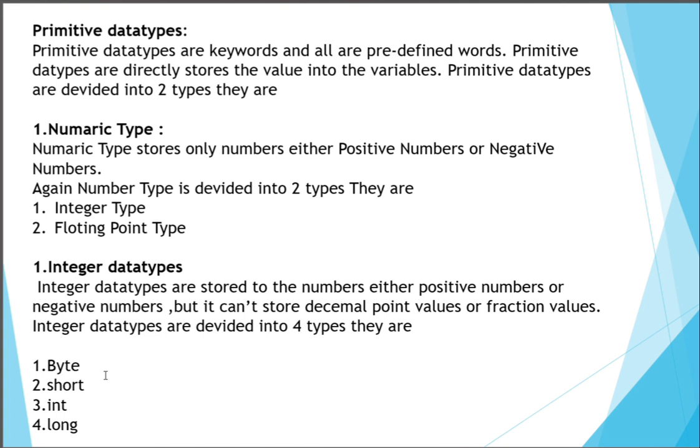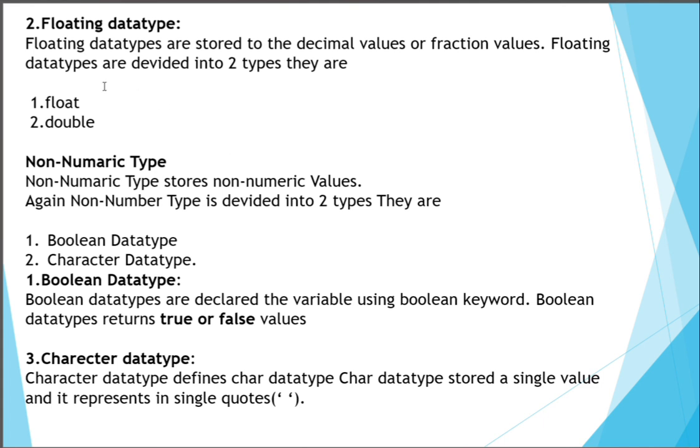They are byte, short, int, long. Next, floating data type. Floating data types store decimal values or fraction values. Floating data types are divided into two types. They are float data type and double data type.